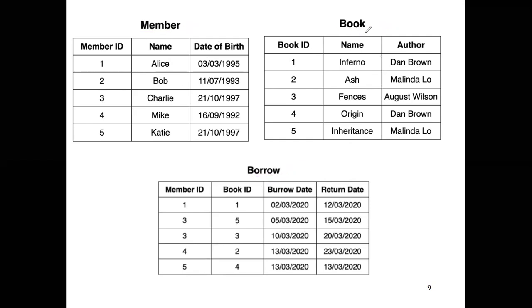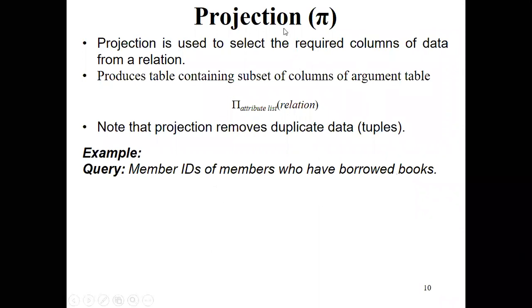Next we move on to our first unary operator, that is projection, which we represent using the pi symbol.